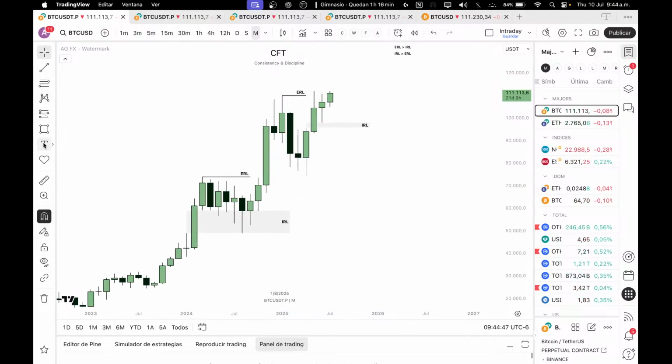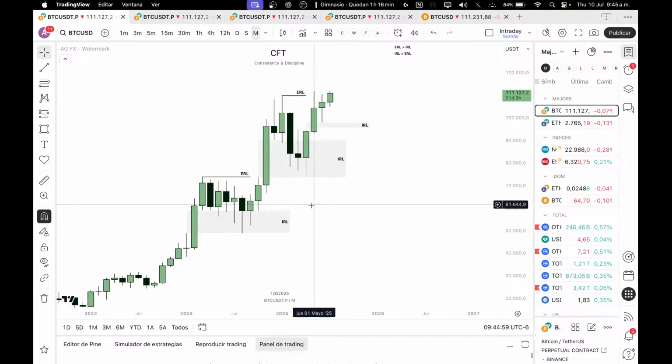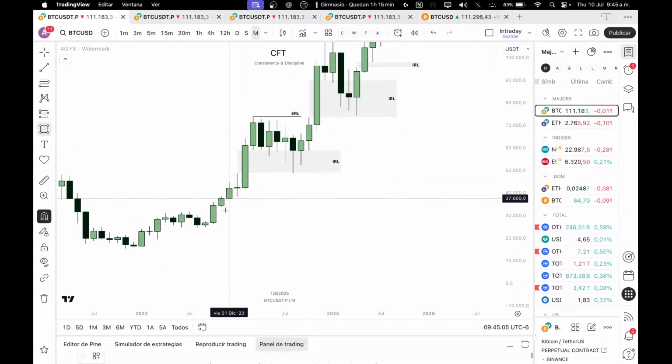You can see here we expanded, we created the internal, then we moved from internal to external, we created internal again, and then we expanded to external. Now we have this internal, and this is always the same protocol. There are some occasions when we have these monthly expansions, but these are easy to spot on lower time frames.